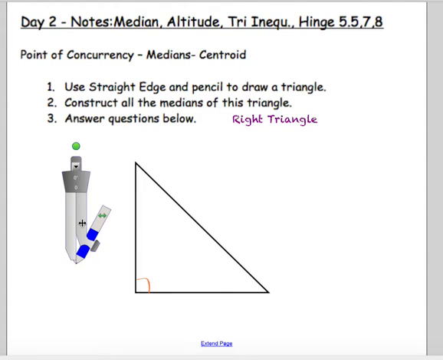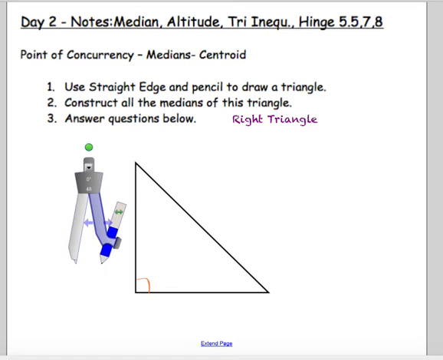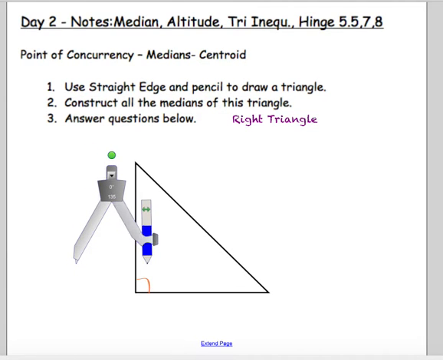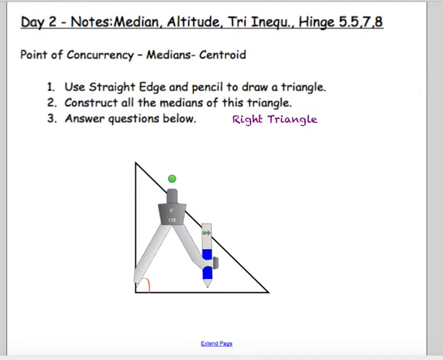And to construct a midpoint, the construction is the same as it is for a perpendicular bisector, only the way that you draw the line at the end will be different.